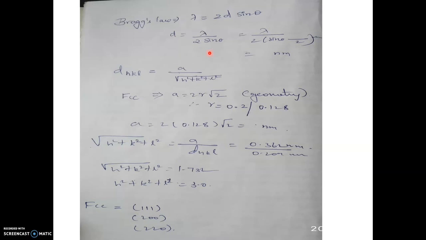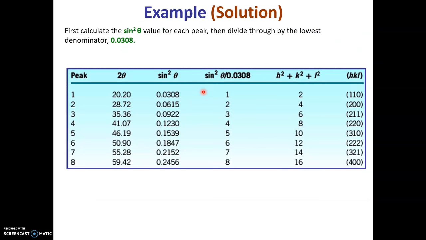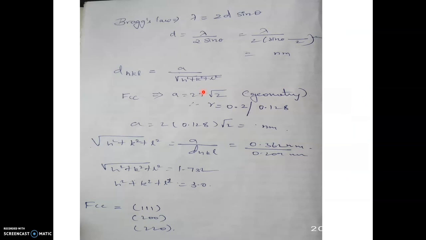So let's take the value of lambda as 1.702 and divide by 2 sine theta, for any theta value, and you will get d. From this you can find out d, right? Using the d value we need to find the crystal lattice, that is what is hkl.